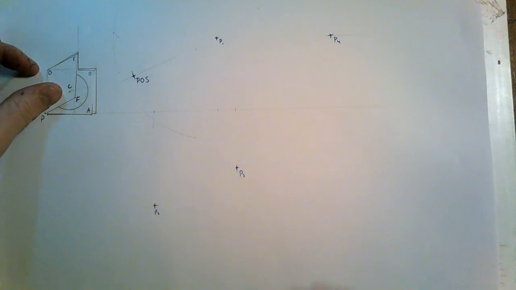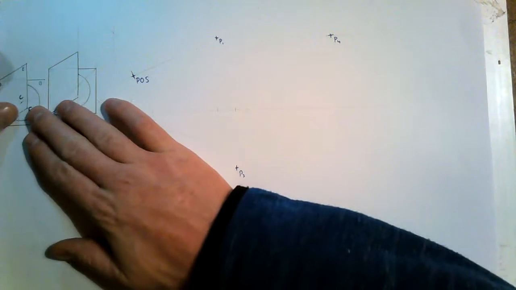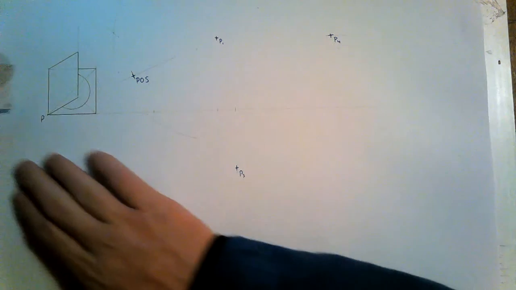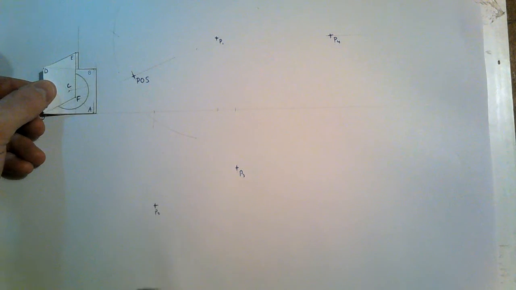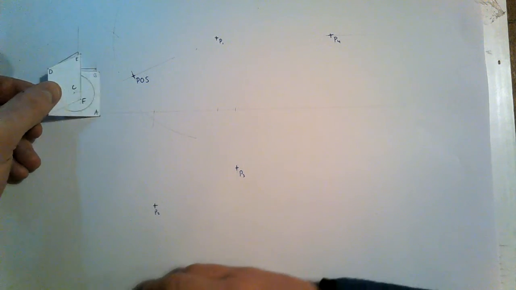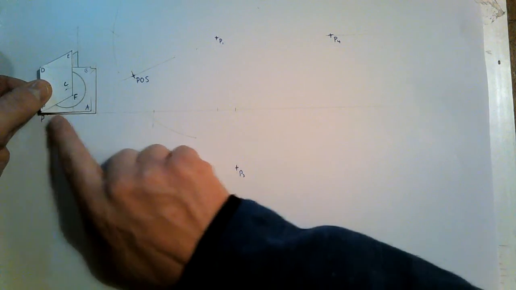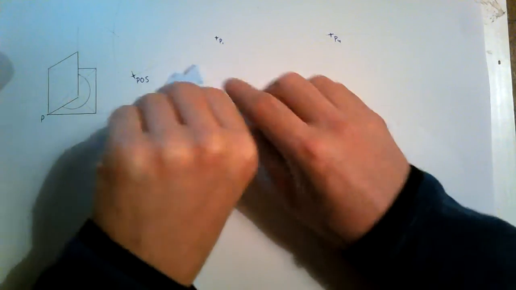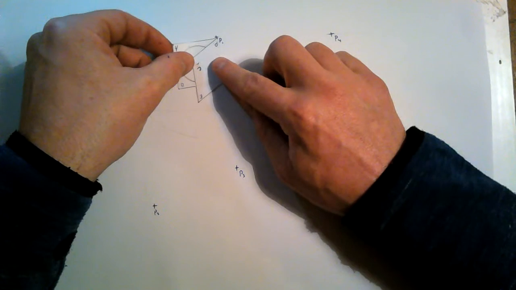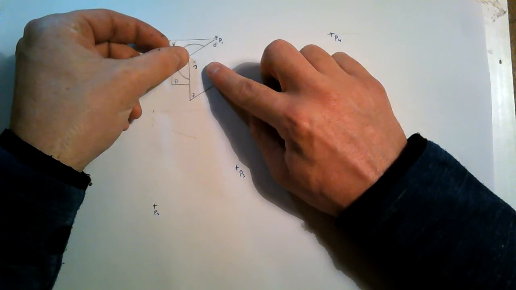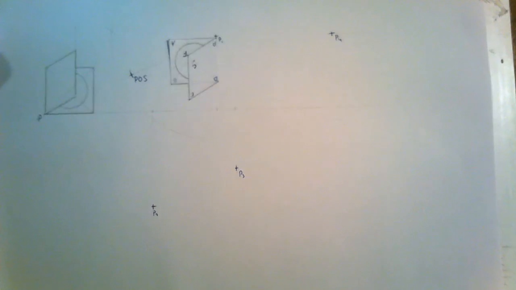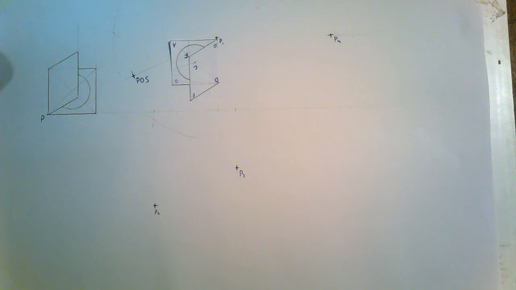Basically we're going to go from here and it's going to be flipped twice. So P needs to go here, so it's flipped once, flipped twice, and that will be our answer, like so. So that is central symmetry.